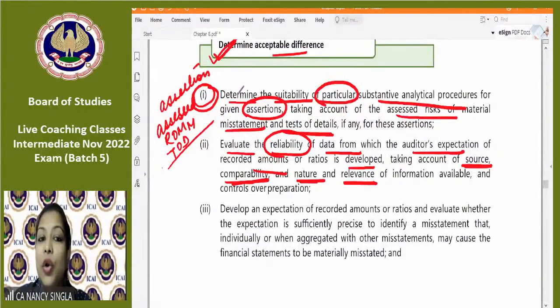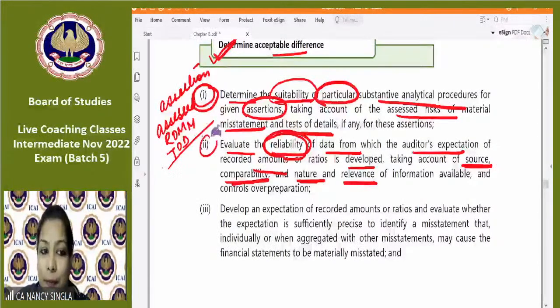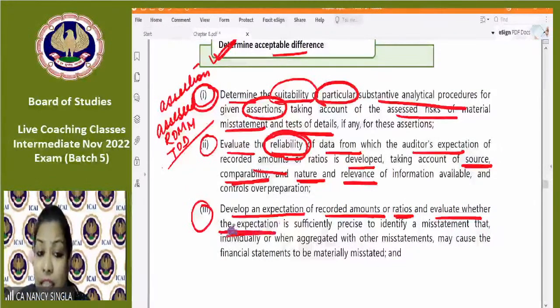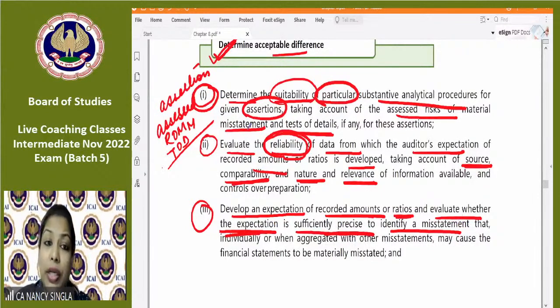So once the auditor has determined the suitability of particular substantive analytical procedure, he has determined the reliability of data, he will develop an expectation of recorded amounts or ratios, and he will evaluate whether the expectation is sufficiently precise to identify a misstatement. See, let's say the auditor is checking advertisement expenses, so only analytical procedure is not sufficient, na?